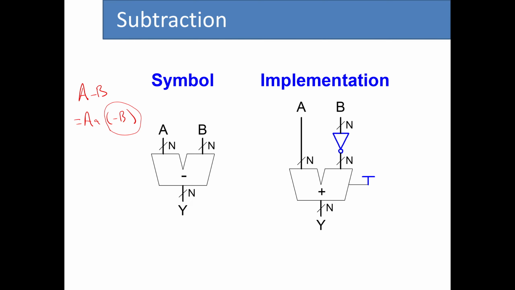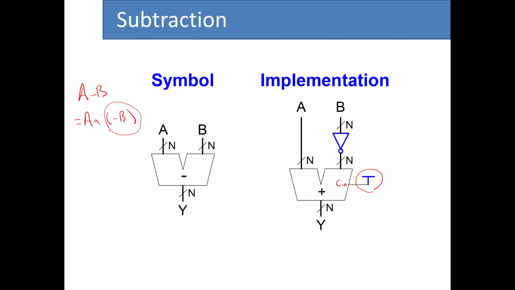But what about adding the 1? Adding the 1 can be done using the carry in input of the multi-bit adder. If you remember, for the multi-bit adder, we said that it is good to use a full adder for all of the bits of the addition circuit, right?